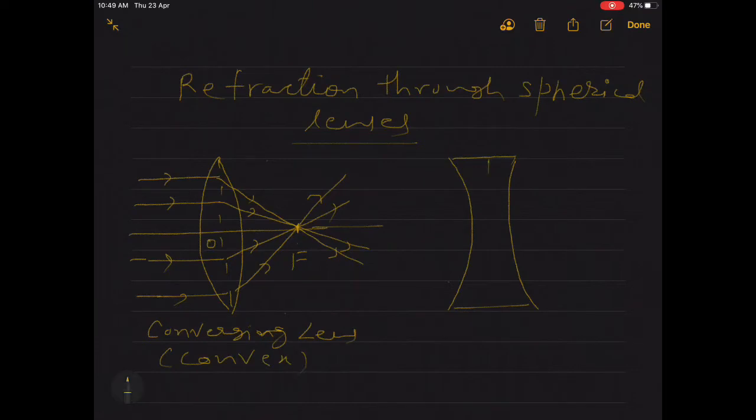On the other hand, when it comes to the concave lens, the parallel beam of rays of light appears to diverge from a single point.